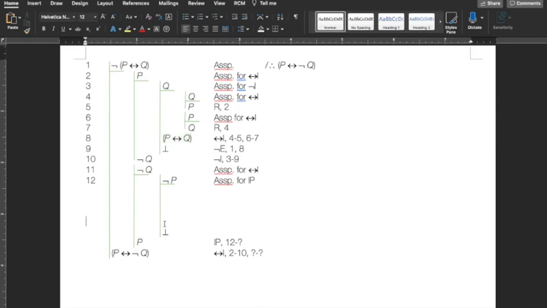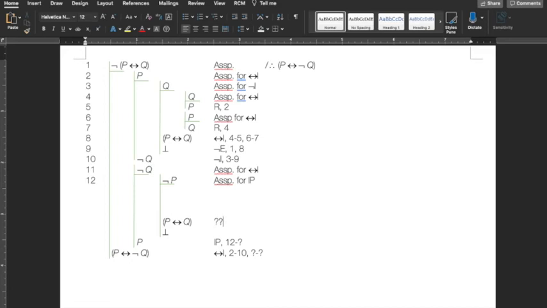So probably what's going to allow me to get the contradiction at whatever this line is to complete my indirect proof is going to be P if and only if Q again. I'm not sure, but that's my guess.